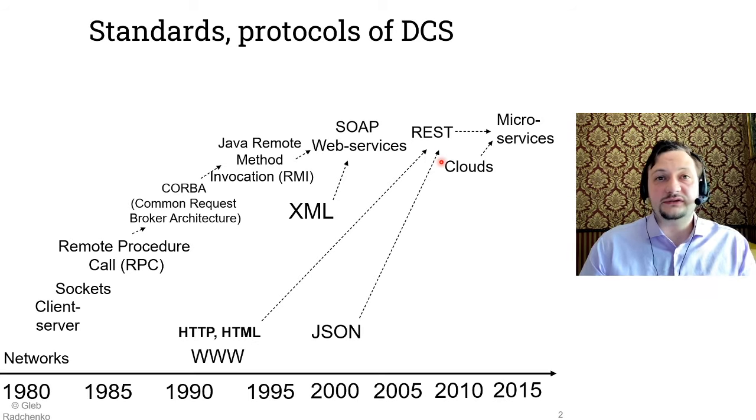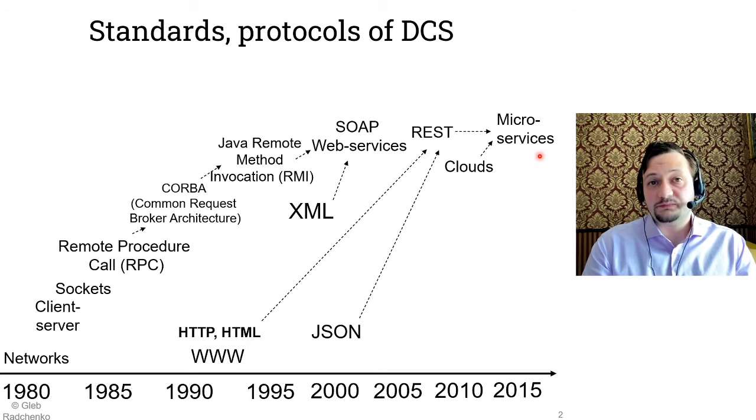And today, this architecture is called microservices architecture. During this course, or in the next semester, as the next part of this course, we will deeply discuss the microservices architecture and how it is different from the approaches that were before.